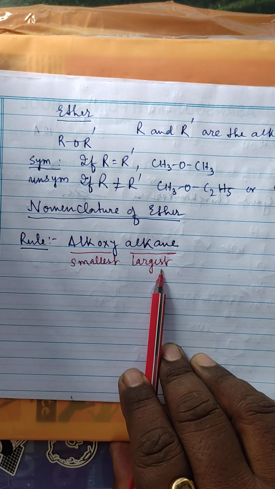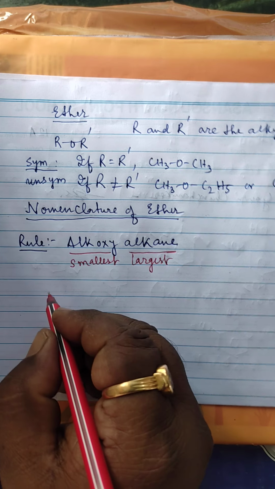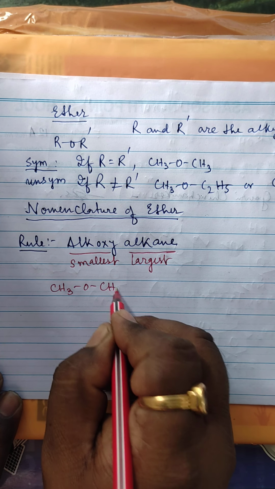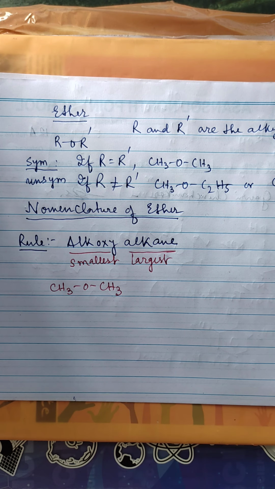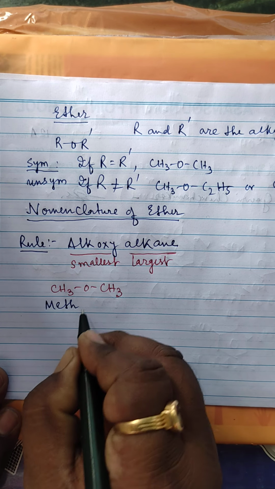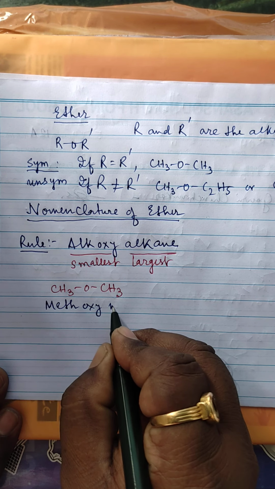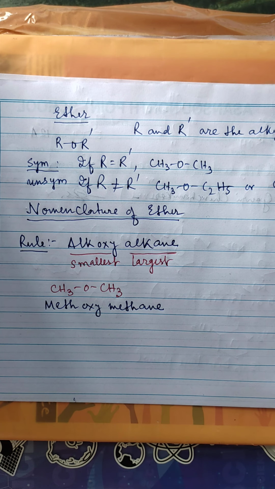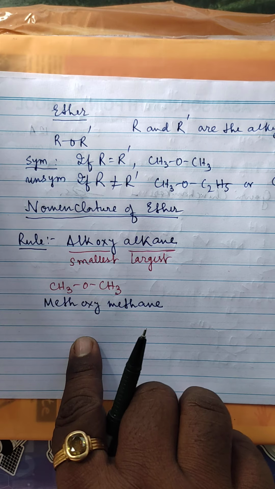Now suppose I have an ether like this, CH3OCH3. According to the rule, the name of this ether is methoxymethane. Why is it called methoxymethane?